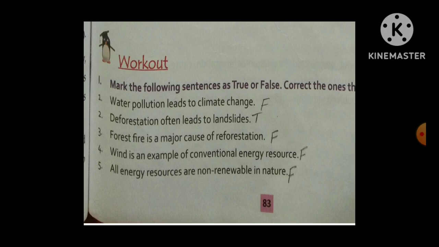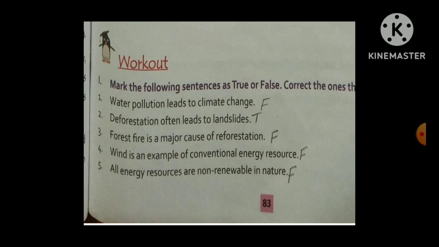But non-conventional resources are renewable in nature, like solar energy, wind energy. So this is the difference between conventional and non-conventional energy sources. So wind is an example of non-conventional resources, not conventional sources of energy. That is why it is false.